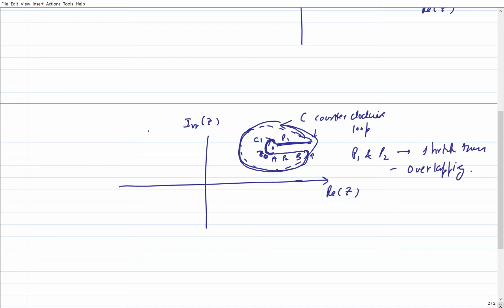So what do I have then? I have my contour C, which was my original integral, and I need to evaluate this guy.